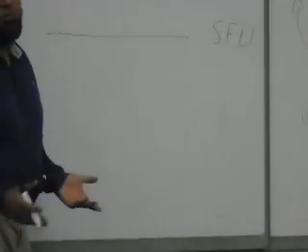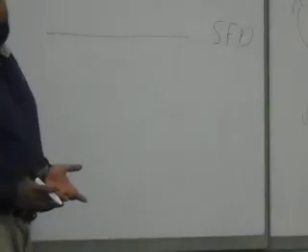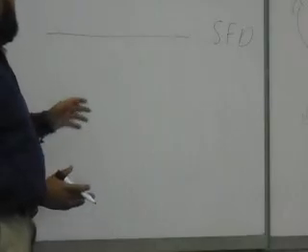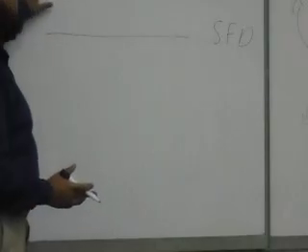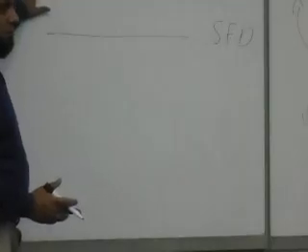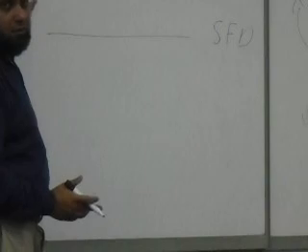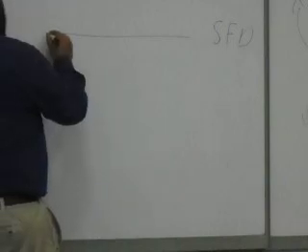What are the points that I know when we start? In the shear force diagram, I'm at the tip of a cantilever. Is there anything acting there? So actually I'm starting from zero.